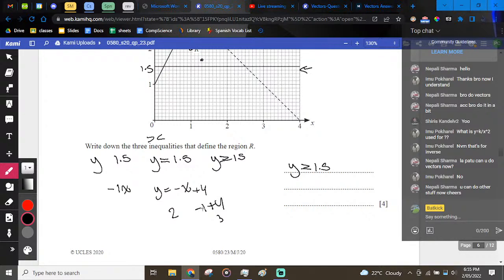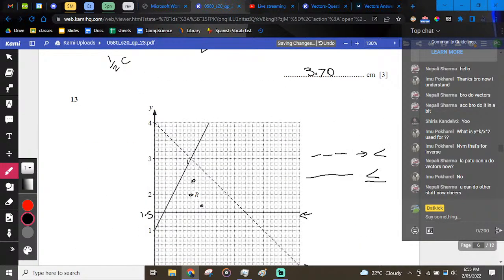I think 3 is greater than 2. So the line points this way. And since it's a dotted line, it's not going to be equal to or more than, just more than. Okay, minus x plus 4.